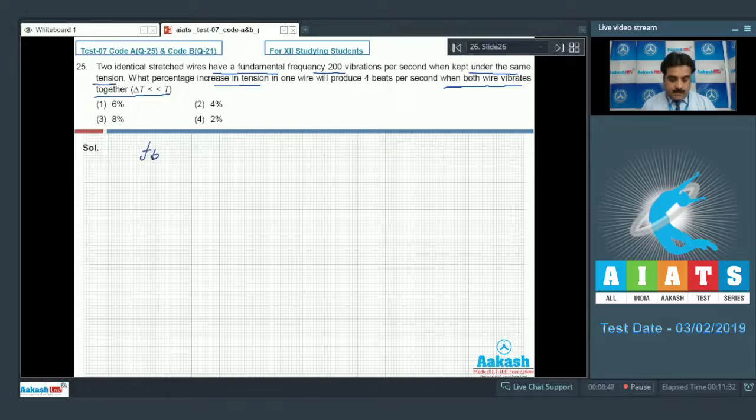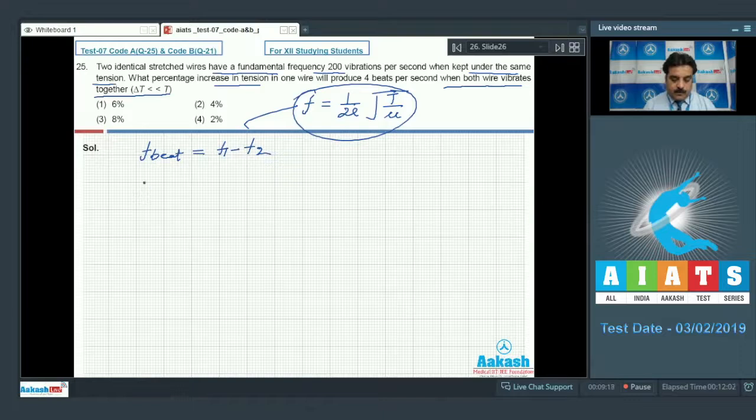As I said, the number of beats per second is F1 minus F2, the difference in frequency, and for frequency by the law of tension, you know it is 1 upon 2L times the square root of tension over linear mass density. But the length and linear mass density will remain constant. So for the percentage change, we can write with the help of this formula, the change in frequency like that, 1 by 2, because the square root will be there, delta T by T. So this is the relation you can write.